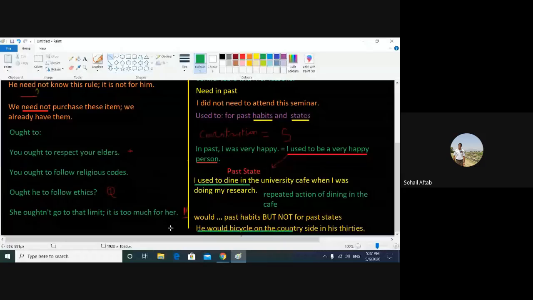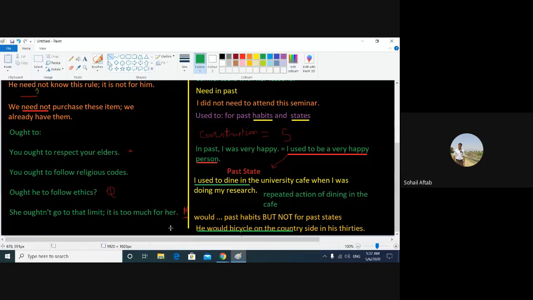But mostly we don't use would for past states. So that was all from modal verbs. Okay, I hope it makes sense to all of you.